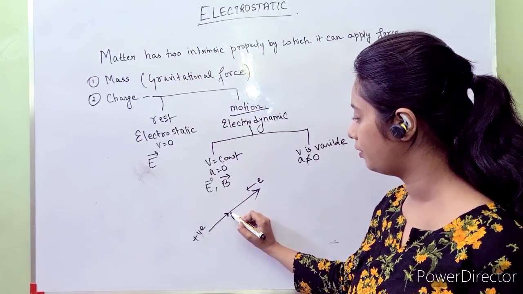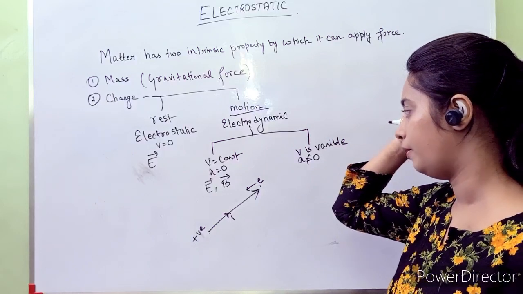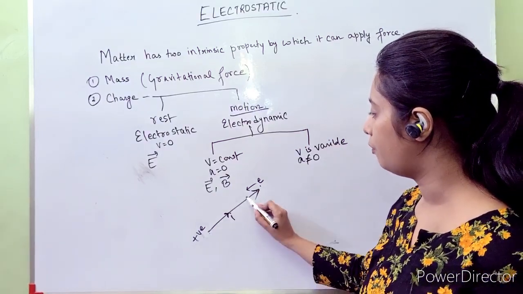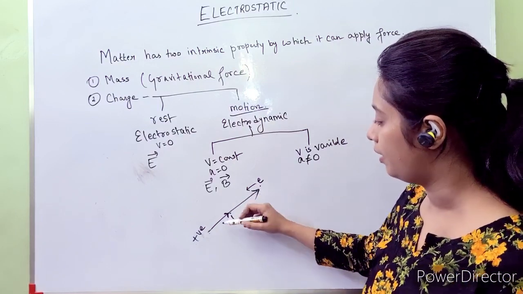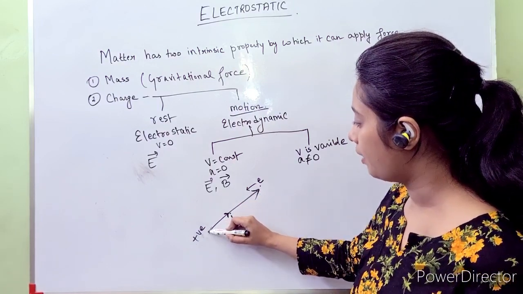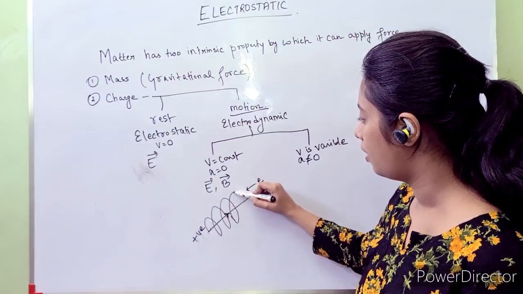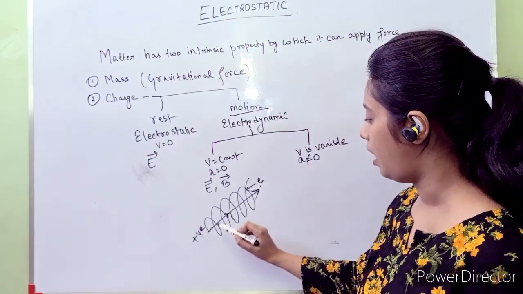This is current. In the magnetism chapter, you will study that when a current is flowing in a coil, a magnetic field will also build up in this way.